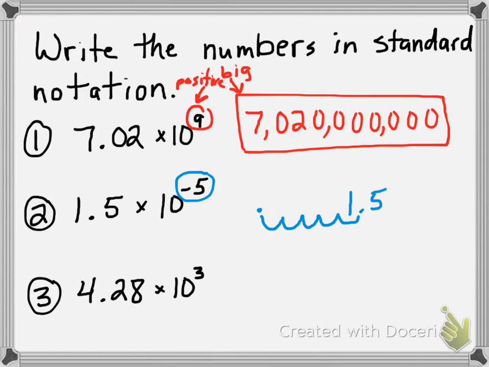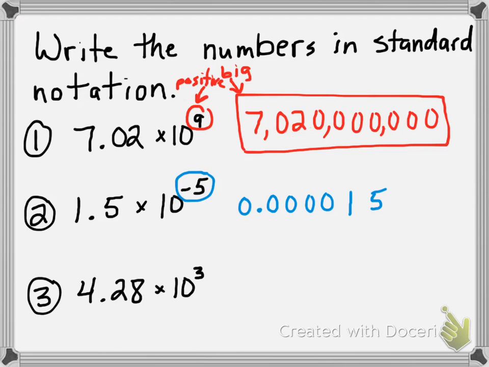And again, I need to fill in all those empty slots with zeros. And anytime you have a decimal that's all the way in the front, you need to go ahead and put a 0 in front of it too, just so it says 0.000015. Okay, and then since I've moved the decimal, I don't need that other decimal back there anymore.